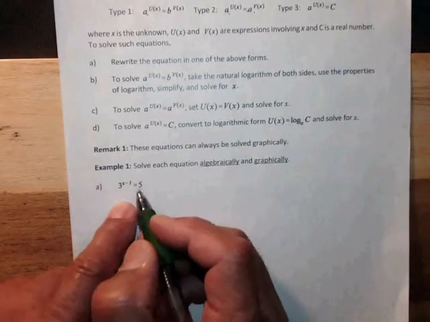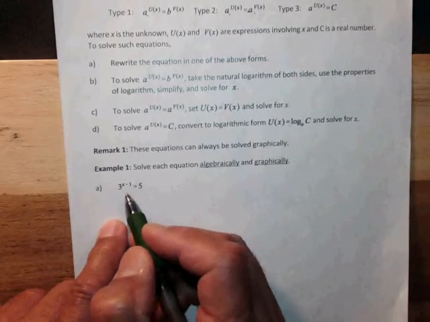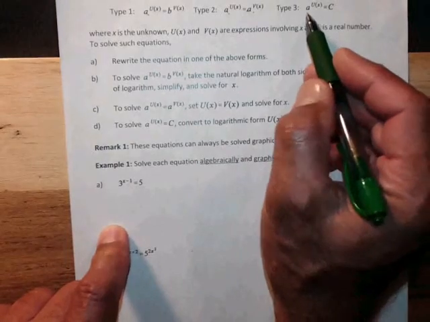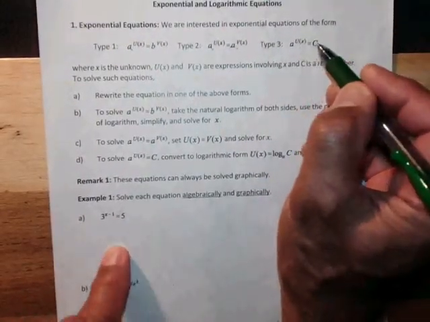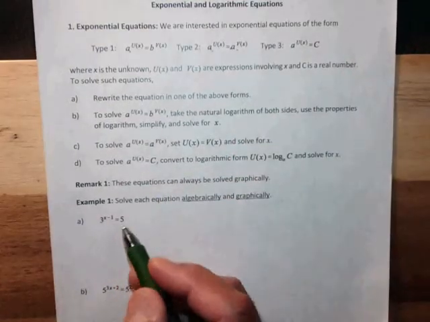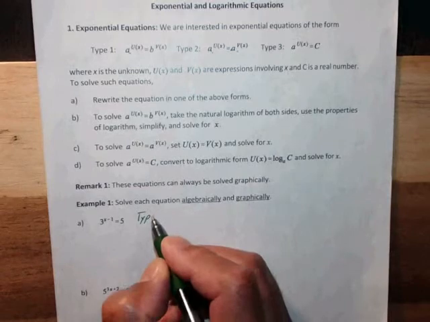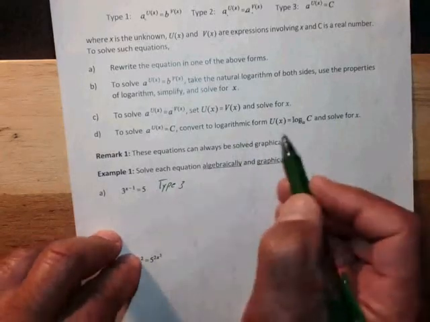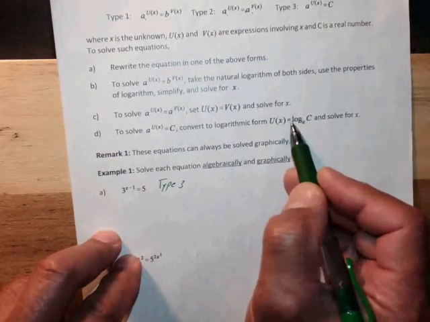So here you see this is type 1 because you have one exponential on the right. This is type 3, I'm sorry. Type 3. One exponential on the left, and just a number on the right. So to solve, the technique for type 3 is that you convert things to logarithm.